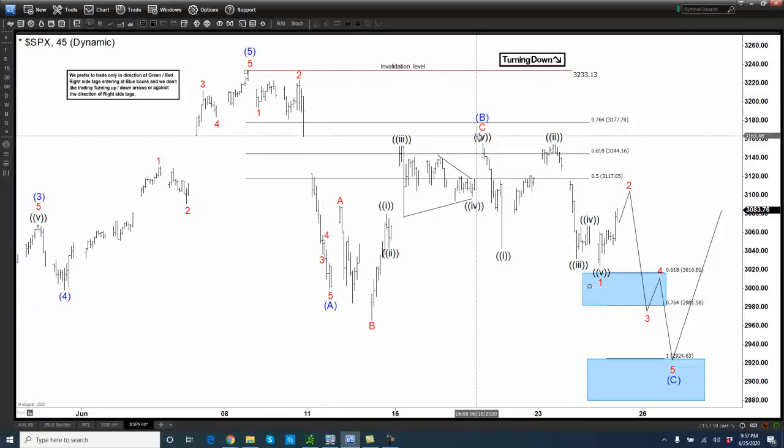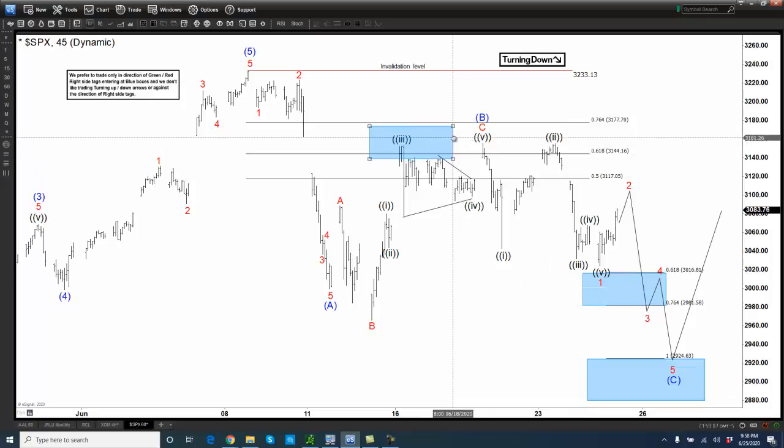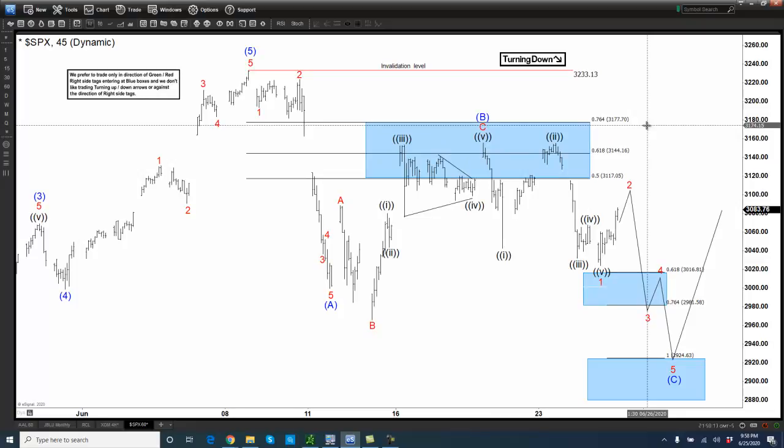And it did a flat in the middle as a connector. It is being sold at the 3144 area, which is the 0.618 here and here. Every time that we reach that area, which is a kind of blue box in retracement, the index has been selling all week every time that it reached that area.